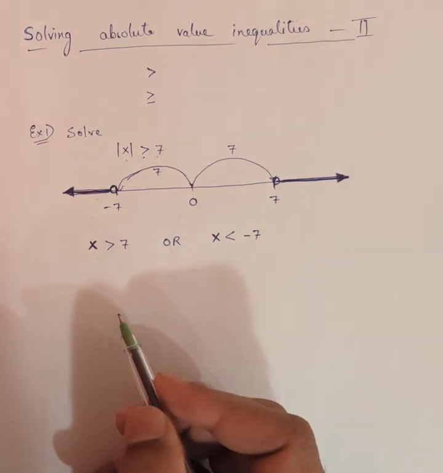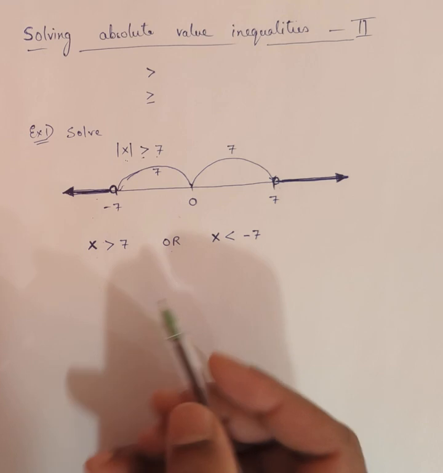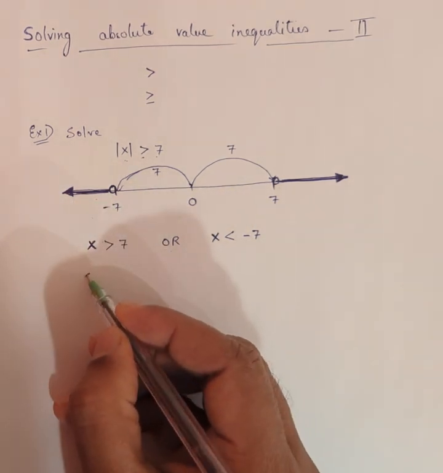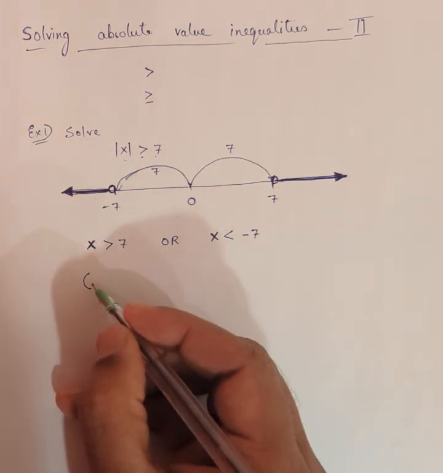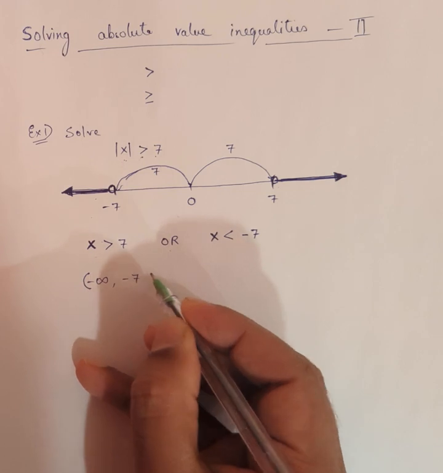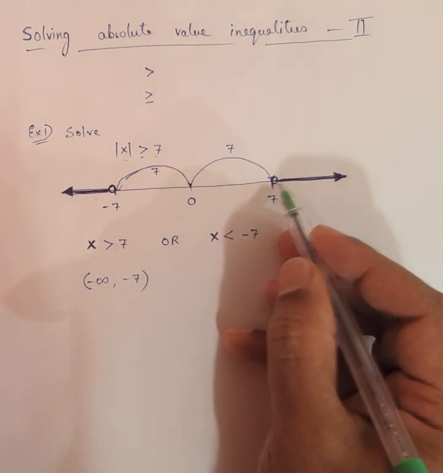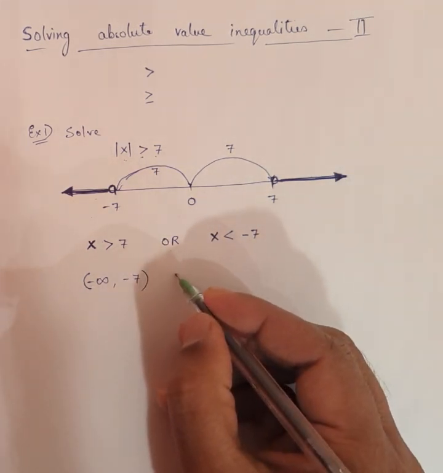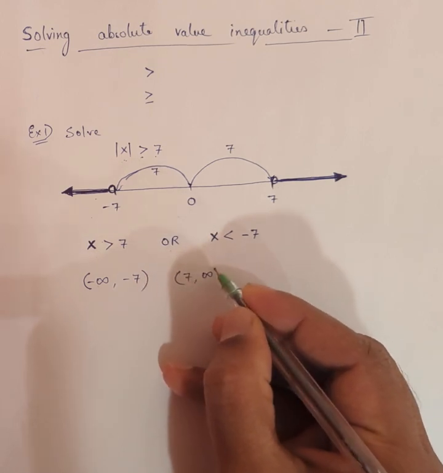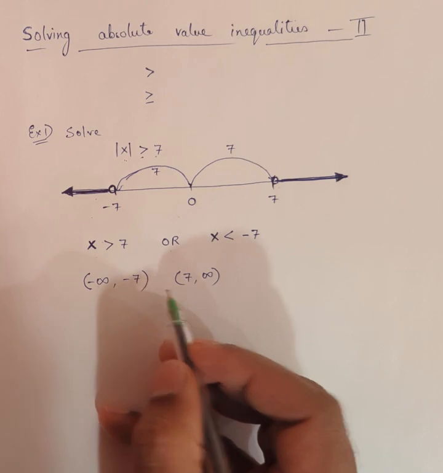Now, how do you write this using interval notation? Well, let's write this part first. The left interval is negative infinity to negative 7, and the right interval is positive 7 to infinity. And since the boundaries are not included, I'm using parentheses.